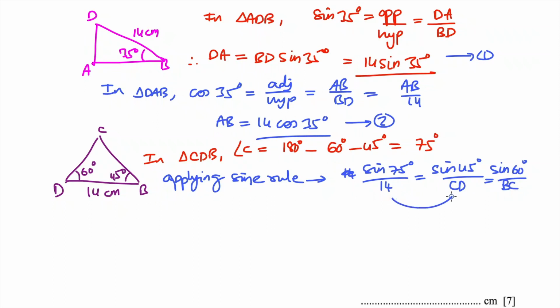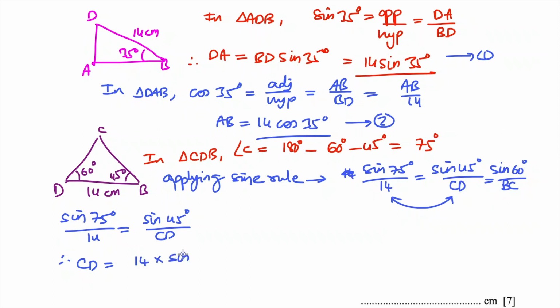So if I take these two, sine 75 degrees by 14 is equal to sine 45 degrees by CD. So from here I can write CD is equal to 14 into sine 45 degrees divided by sine 75 degrees. This is equation number 3.